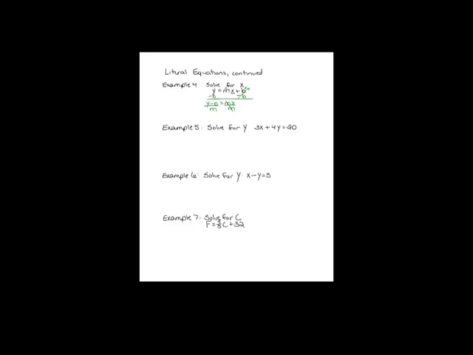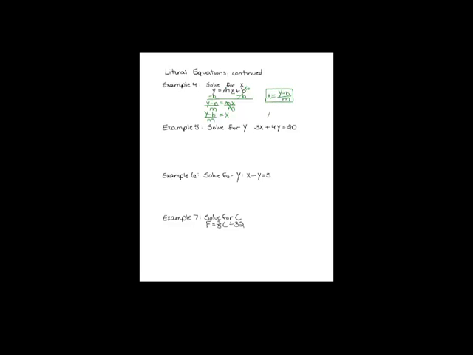Here, the m's will cancel and give you 1x, or just x, equals, rewriting the left-hand side, y minus b over m. Now to write the answer, it's nice to have the variable you solved for on the left-hand side. So I'm just going to write x equals y minus b over m. That is the correct answer.